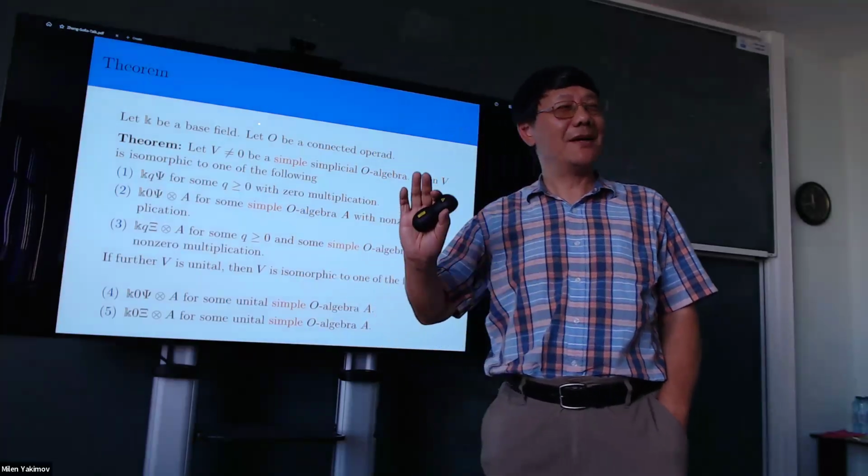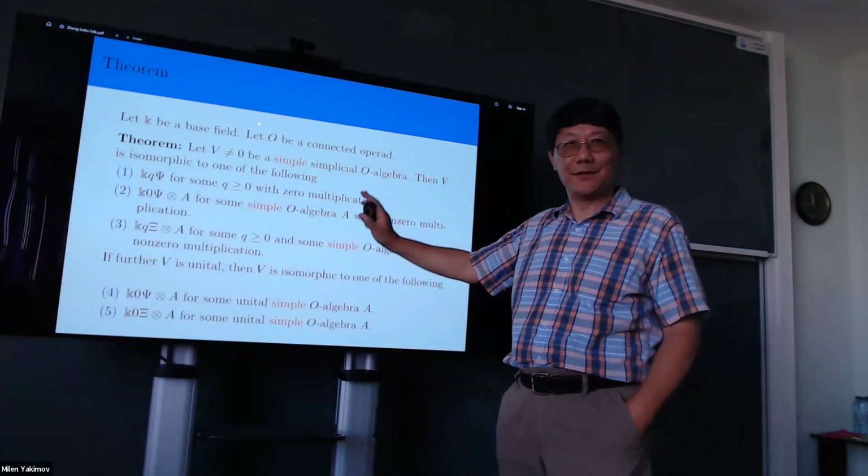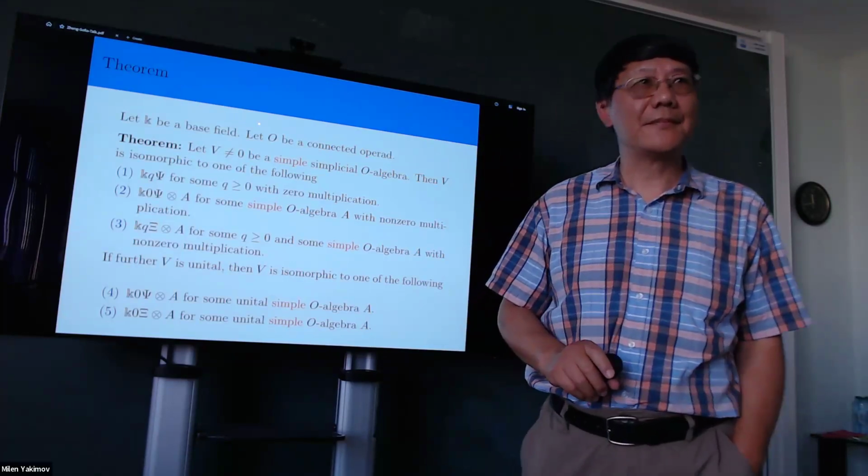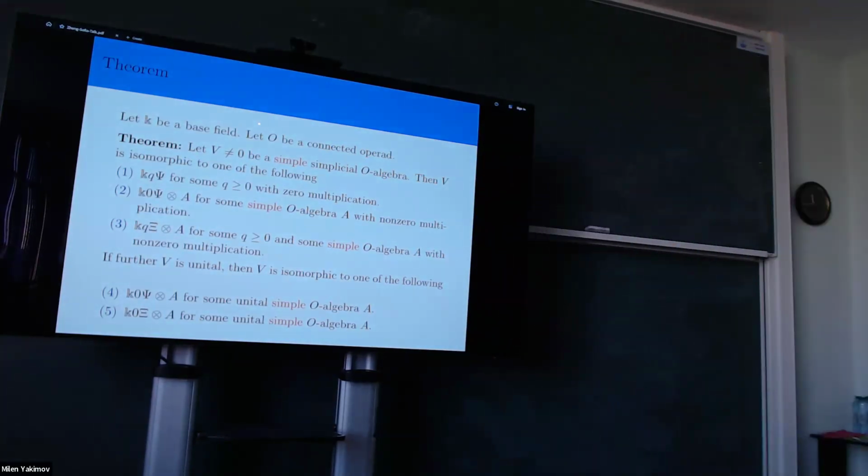I don't know, but the field is enough for this result. You can't replace it by a ring, because a ring has lots of ideals. That will create lots of two-sided ideals. So you can't replace K by a ring and still define simplicity the same way, because a ring will have lots of ideals. But a field is okay.